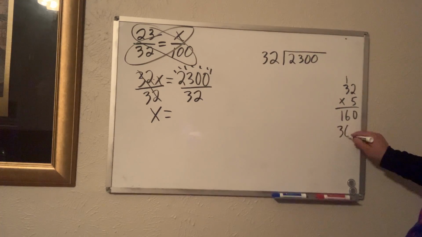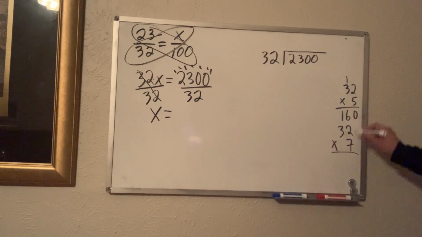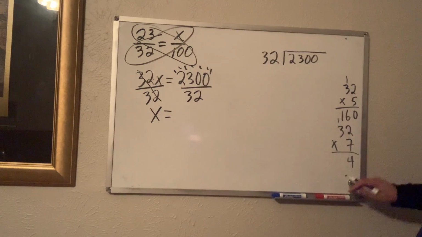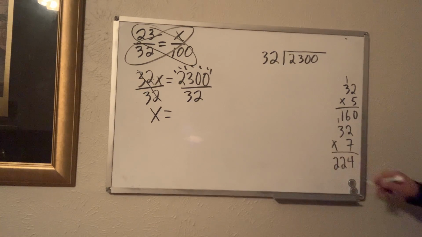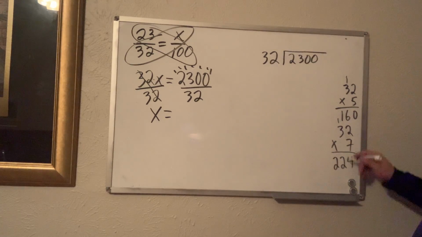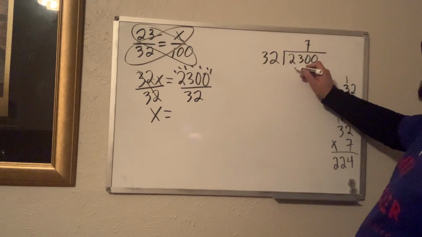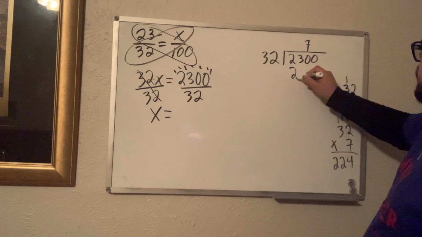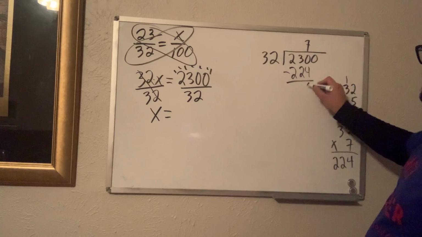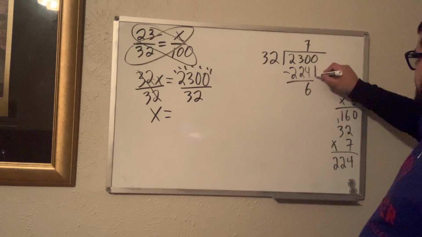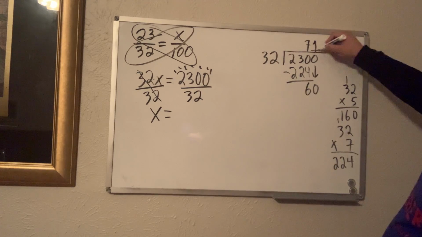Let's do 32 times 7. 7 times 2, that's 14. Carry my 1. 3 times 7, 21 plus 1, that's 22. So that looks good. I'm going to use 7. 32 times 7, we get 224. 230 minus 224, we're going to get 6. Bring down my 0. 32 into 60, it's going to be 1 time.